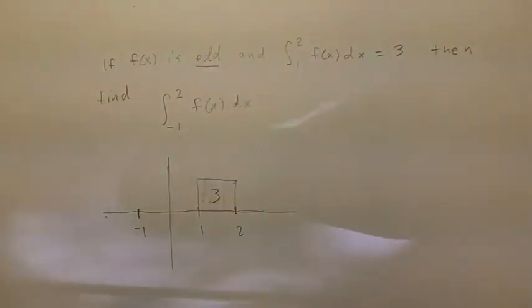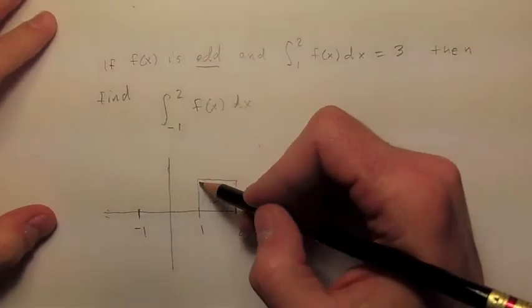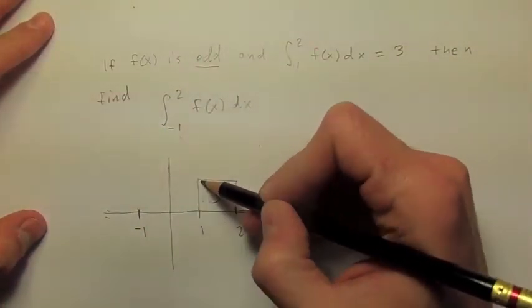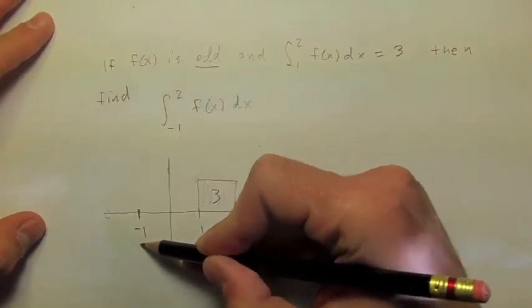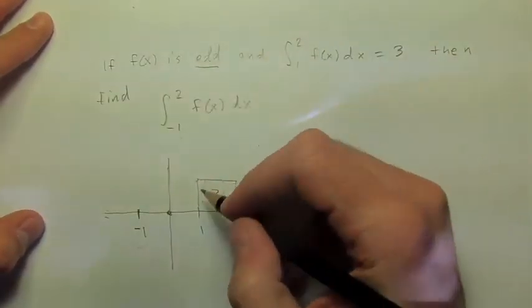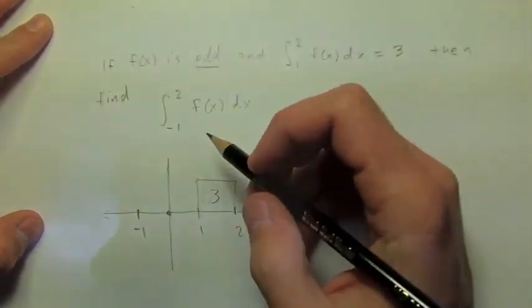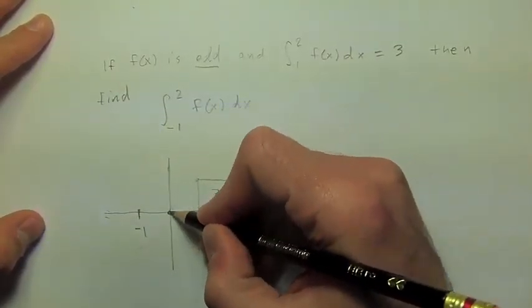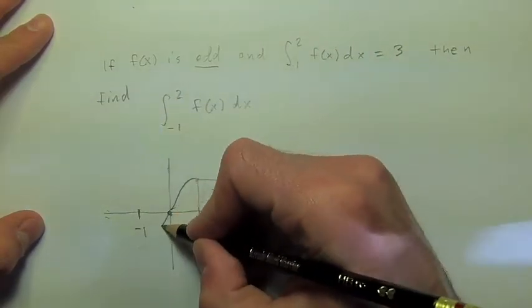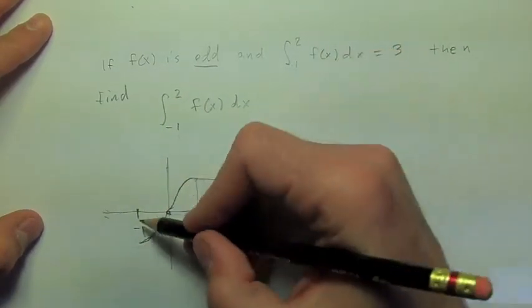Okay, so what that means is that no matter what happens over here, it's symmetric over here. Odd functions have to cross 0, 0 because they're symmetric about the origin. So no matter what shape, it doesn't really matter. Let's say the graph looks like this. Well, it has to also look like this on this side.